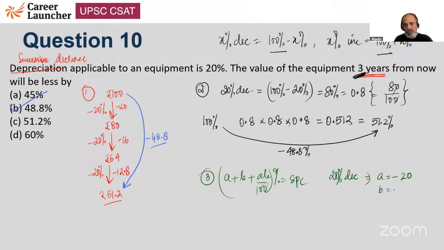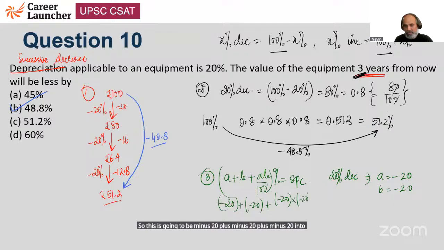B is also going to be minus 20. So this is going to be minus 20 plus minus 20 plus minus 20 into minus 20 whole divided by 100, and then percentage outside.